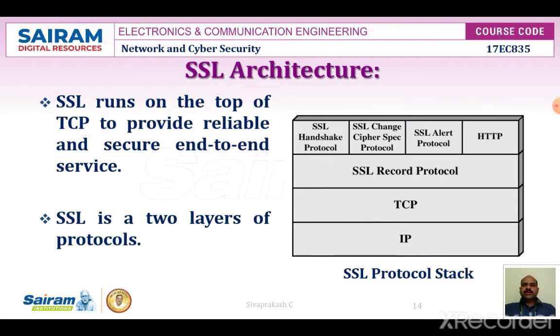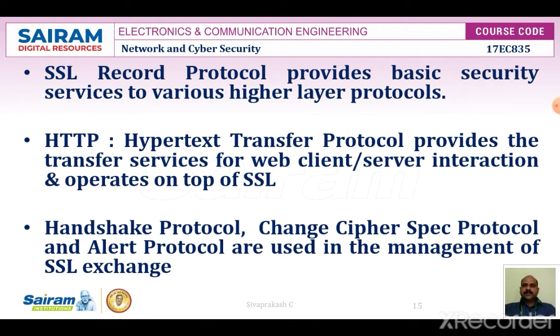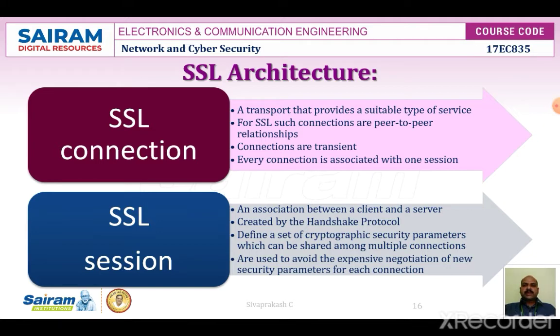In general, the exchanges are done through two important SSL concepts: SSL session and SSL connection, which are defined in this particular diagram. If we look at the SSL connection, a connection is a transport, in the OSI layering model definition, that provides a suitable type of service.